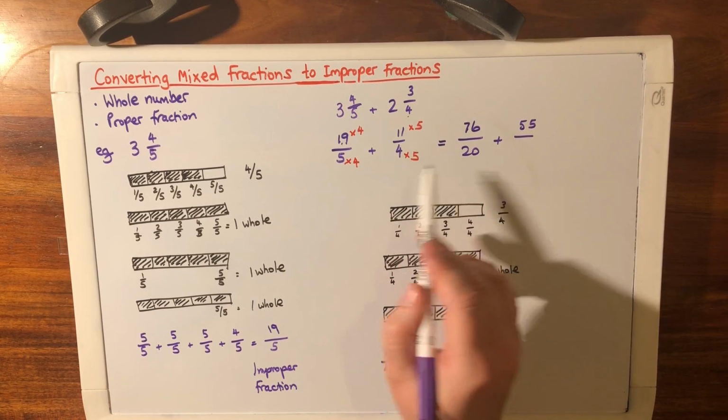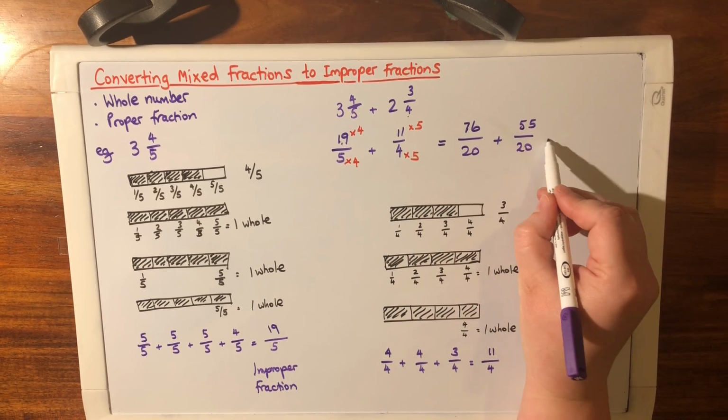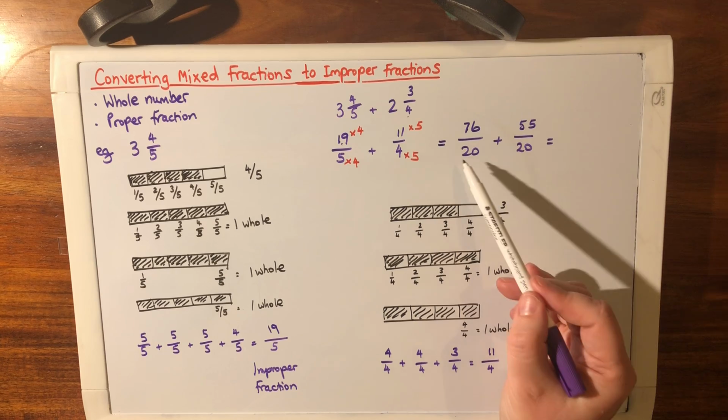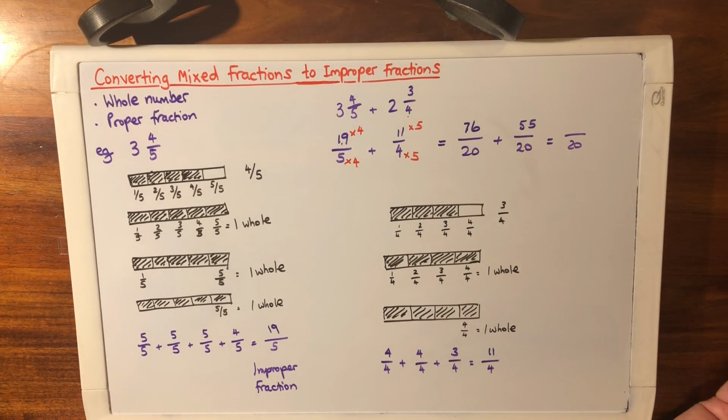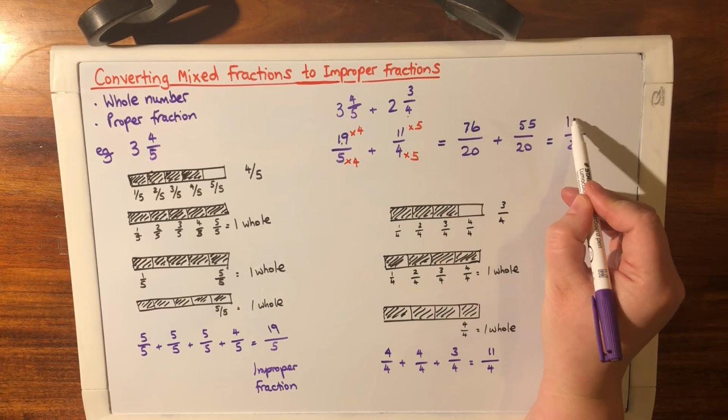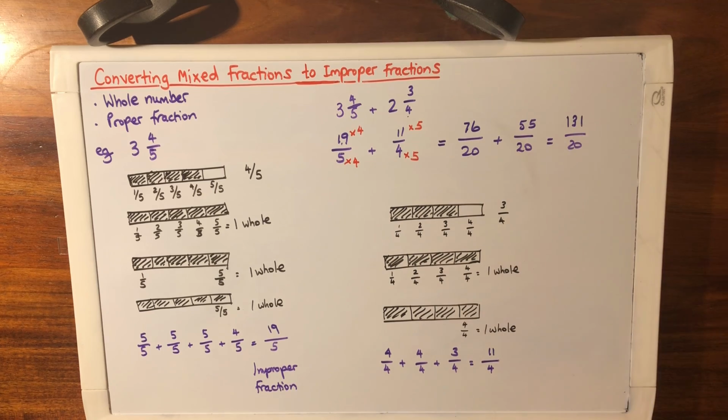55 over 20. Okay, and now we can go ahead and keep our denominator the same, over 20, and 76 plus 55, 131 over 20.